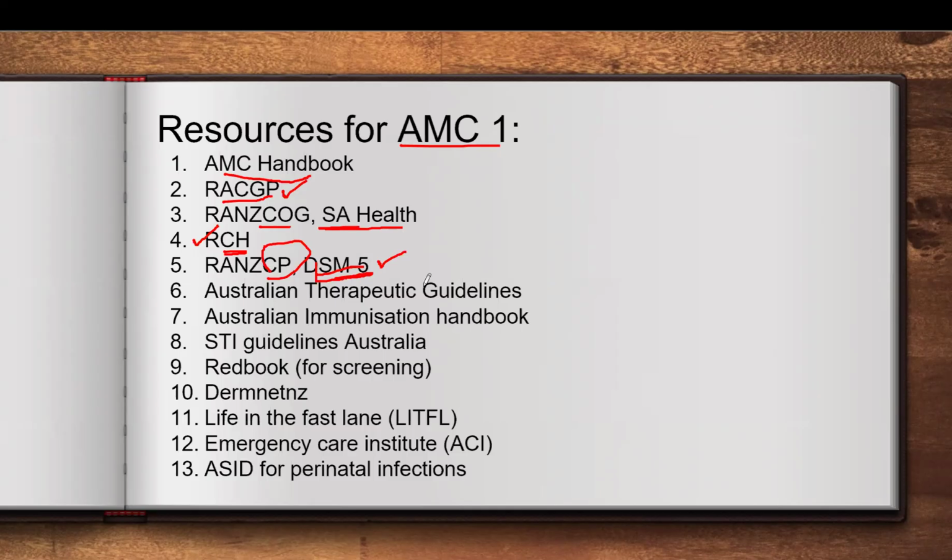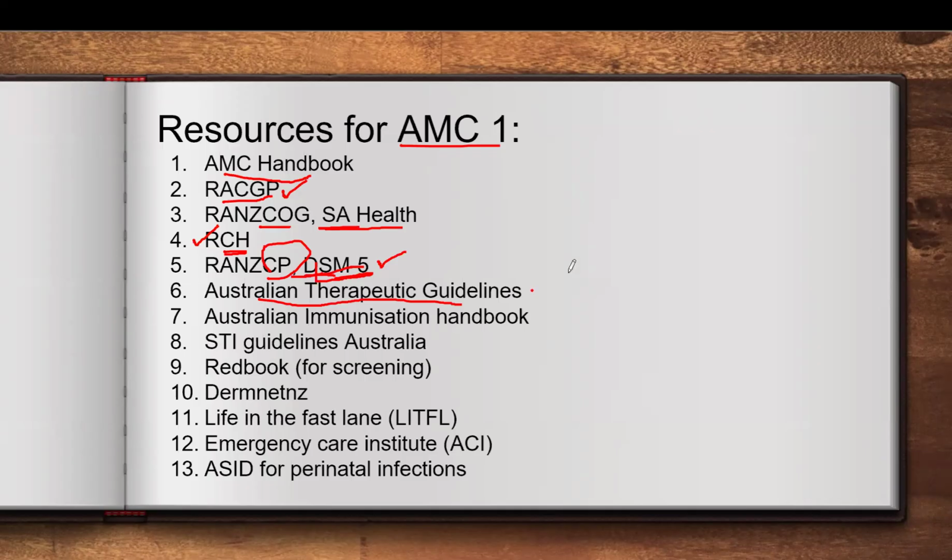People who have given an attempt before or who have started their preparation will know DSM-5, but new students who are just about to start will eventually get to know it. Australian Therapeutic Guidelines are the Australian guidelines regarding selecting the treatment of choice.